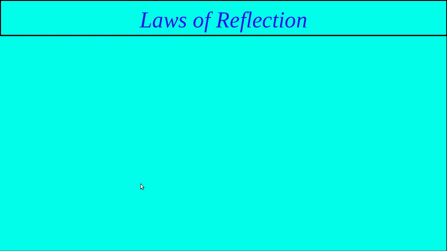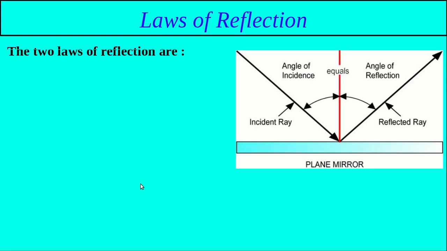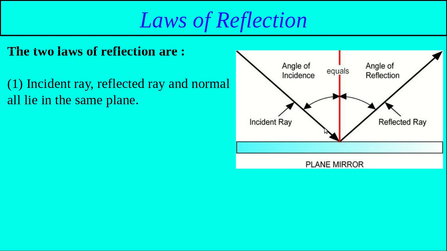Coming to the laws of reflection, there are basically 2 laws of reflection. For example, you have a plane mirror. If light is incident on it and gets reflected by this mirror, then the first law of reflection states that the incident ray, the reflected ray and the normal all lie in the same plane.